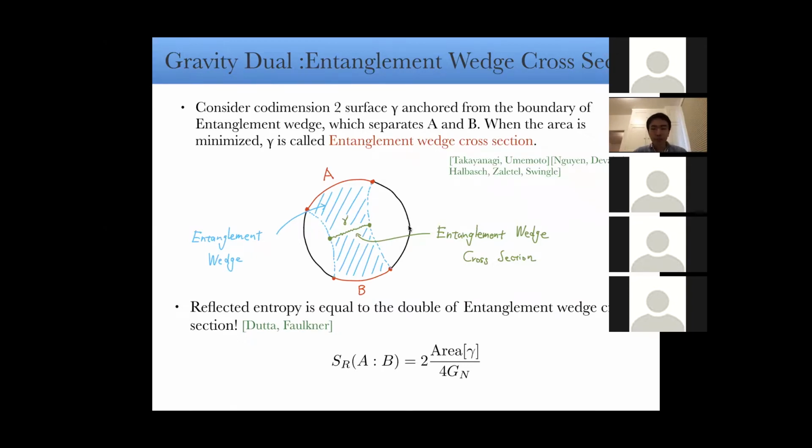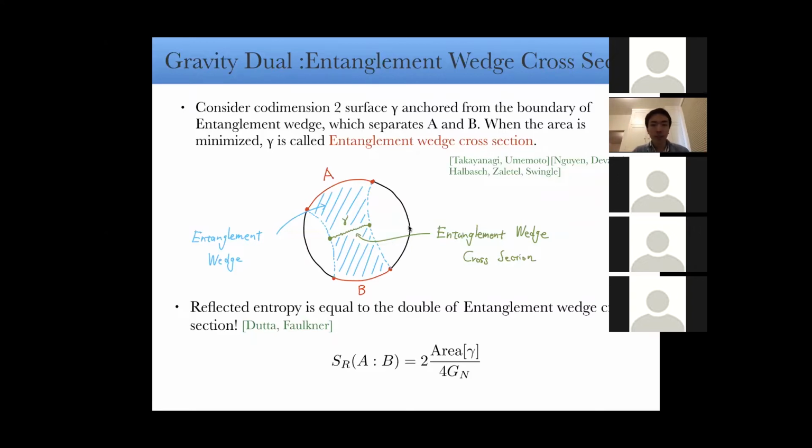Actually, this reflected entropy has a nice holographic dual called the entanglement wedge cross-section. Let's consider the subregion. Now I'm going to the AdS/CFT setup, and I consider the boundary subregions A and B, and I consider the entanglement wedge of this subregion.